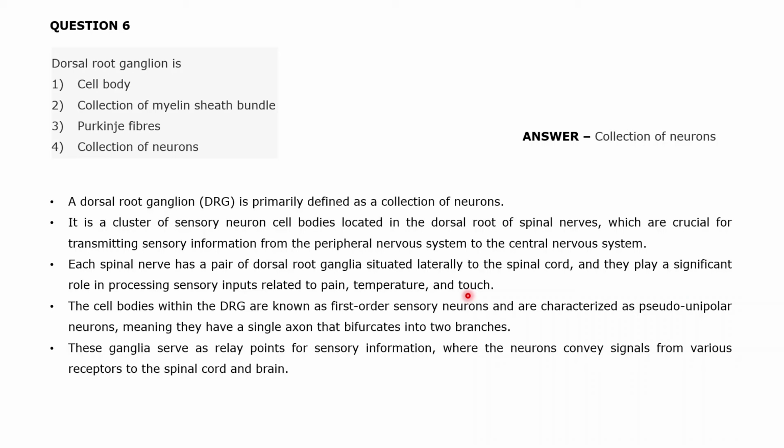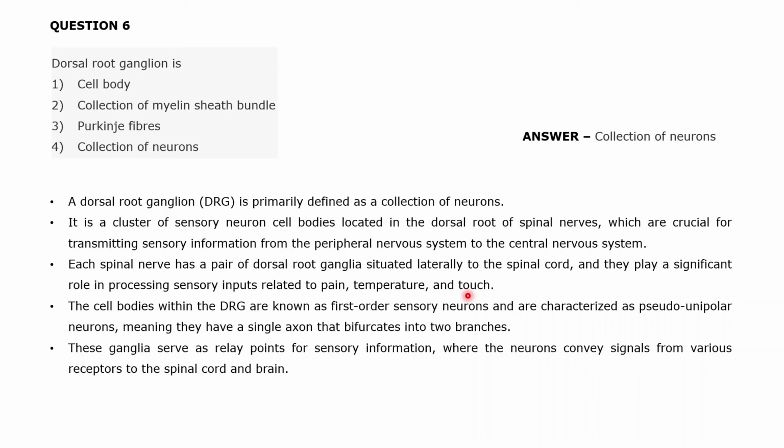And in case of pseudo unipolar, if you consider this as the cell body, only one axon is protruding from the cell body, but this axon later divides into two. Basically it is like one single axon, so you will think that it's unipolar, but it's not, because the axon later divides into two different branches.